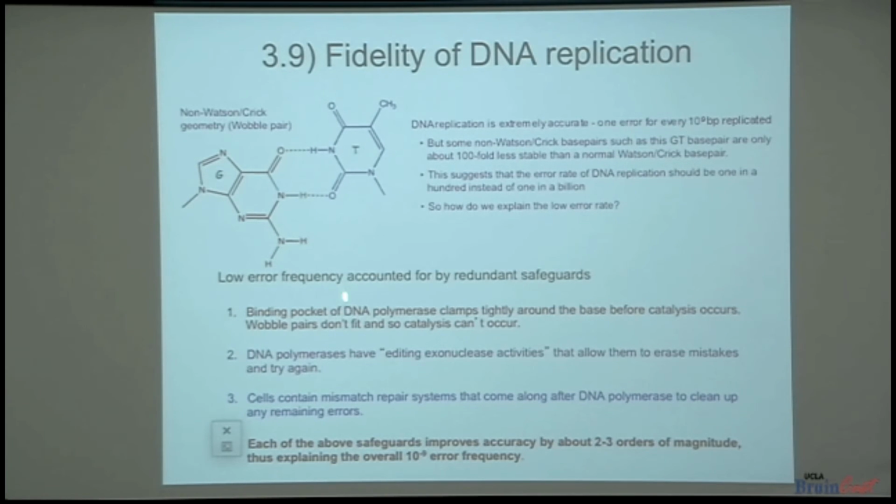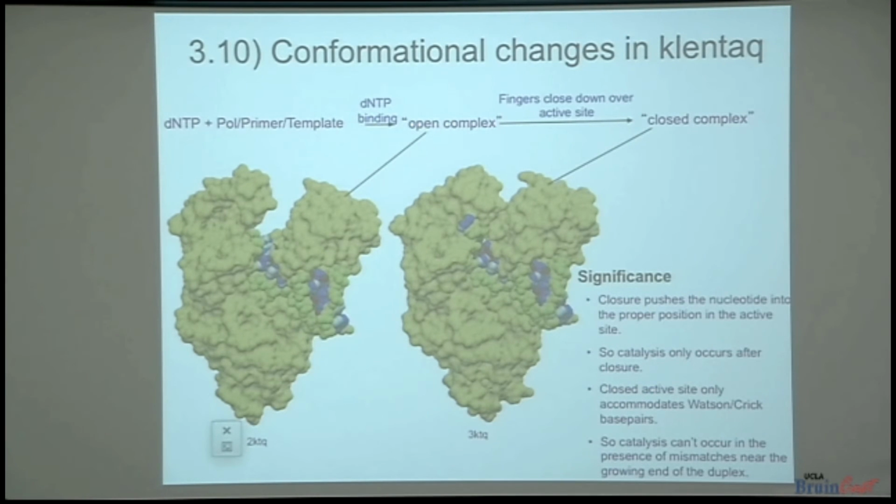Let's talk about these 3 things one at a time. Here is another view of Klentaq, the Thermus aquaticus equivalent of the Klenow fragment, and we see Klentaq in 2 different conformations.